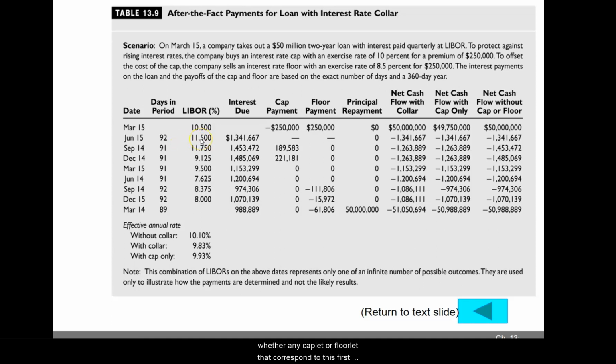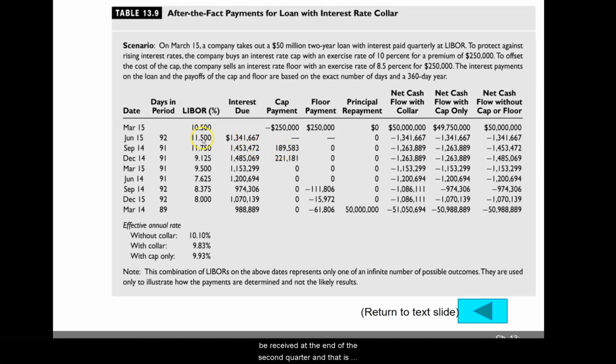So given the exercise rate of 10% for the caplet, it appears to be in the money. However, as we did for the interest rate caps and floors, the payoff from this caplet will be received at the end of the second quarter, and that is here.